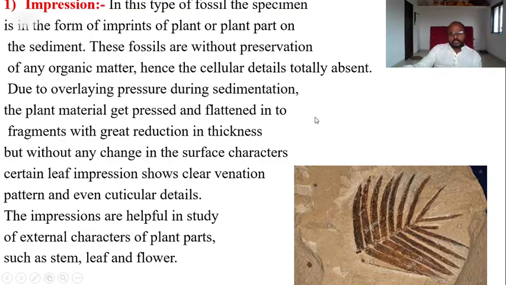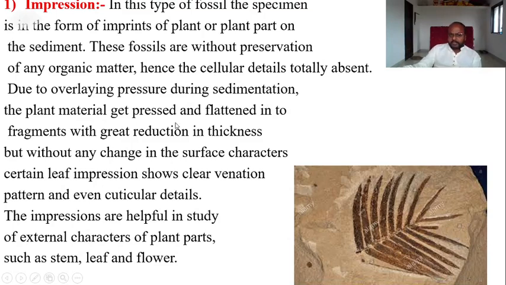Hence the cellular details are totally absent. This is the example of the impression. There is no cellular material, no cell or tissue, only imprints, formed due to overlying pressure during sedimentation.